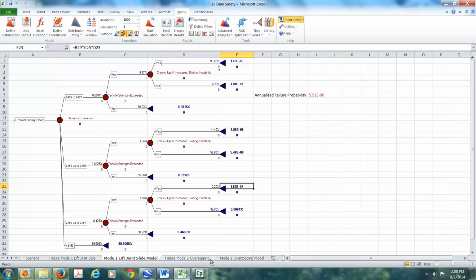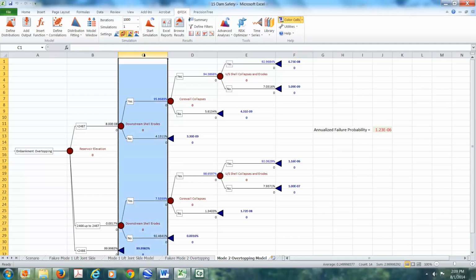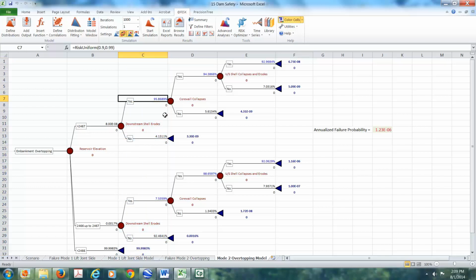Now let's look at the overtopping failure model. Here we have three ranges of flows of interest: less than 2,466 feet, over 2,467 feet. The key input to the model in this case is whether or not the downstream shell erodes. And we're going to see that the probability varies greatly.